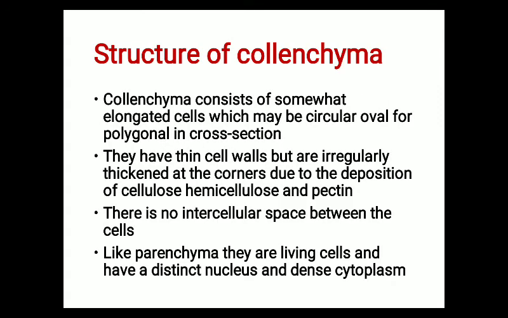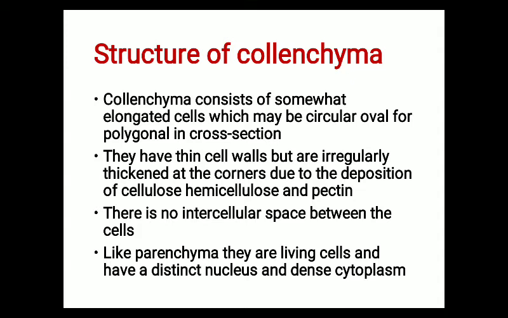Now come to the structure of collenchyma. Collenchyma is the second type of simple permanent tissue. Collenchyma consists of somewhat elongated cells which may be circular, oval or polygonal in cross section. They have thin cell walls but are irregularly thickened at the corners due to the deposition of cellulose, hemicellulose and pectin.